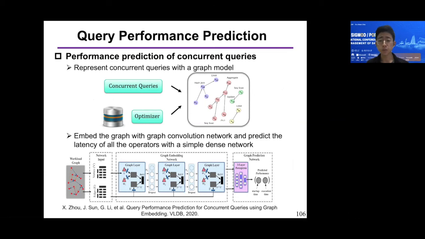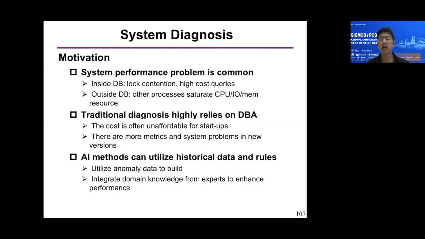They use a graph model to characterize concurrent queries, where the vertices are operators and the edges capture the operator correlations like data sharing and access conflicts. And they use a graph convolutional network to embed the workload graph, extract performance-related features from the graph, and predict performance based on the features.